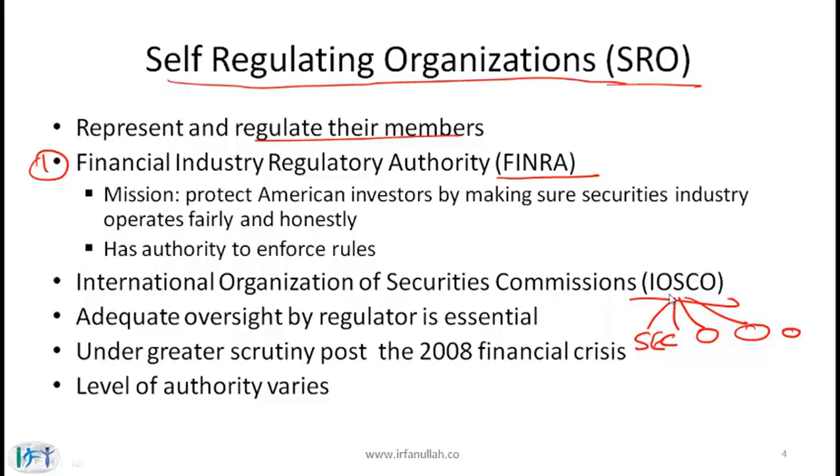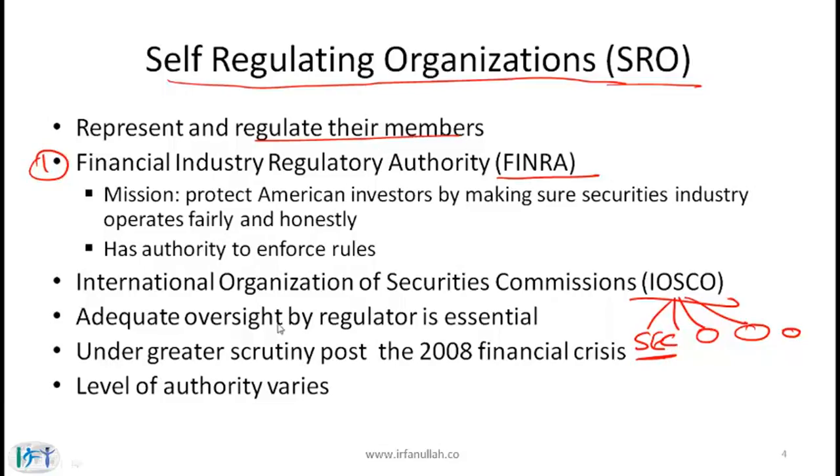Here, obviously, the IOSCO cannot regulate and cannot enforce the rules, but it provides standards and guidelines and best practices for these entities like the SEC, which in turn can regulate and enforce rules.